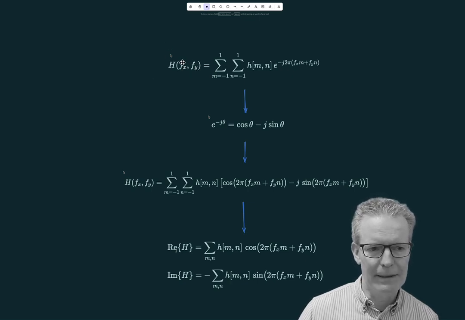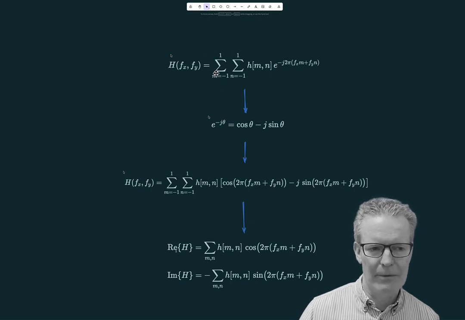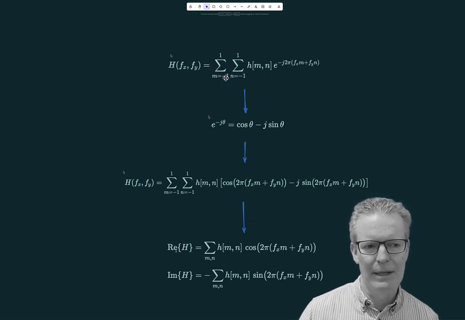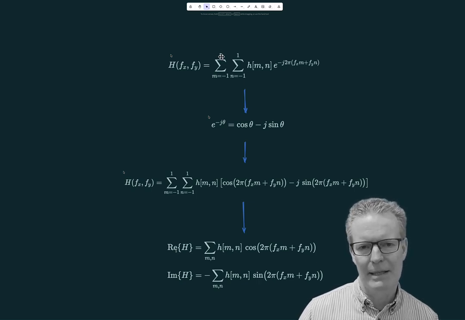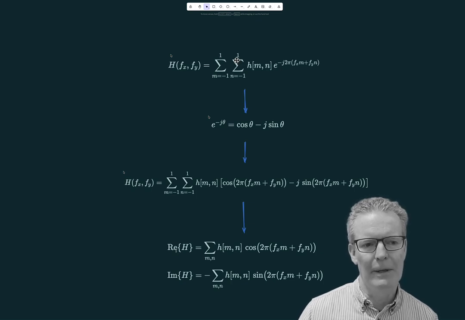To calculate that, you sum over the rows and the columns of the filter. So here I'm assuming we're looking at a 3x3 filter, so we index the rows -1 to 1. So the center pixel in the filter will be indexed 0, 0. Likewise, the columns, they go from -1 to 1.